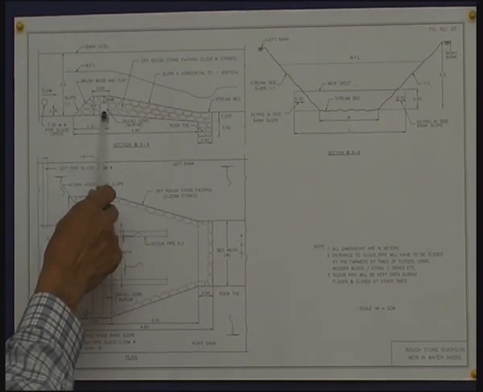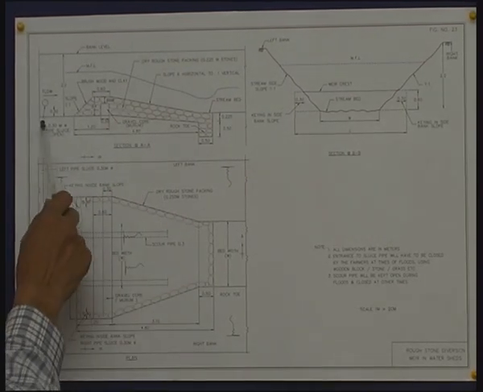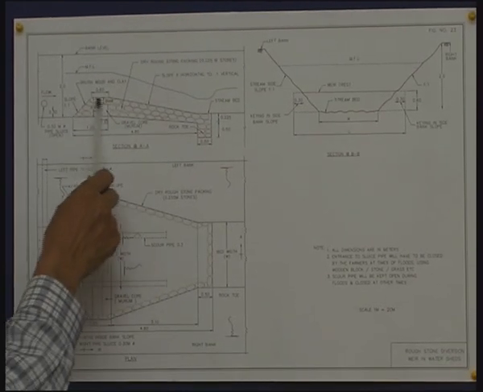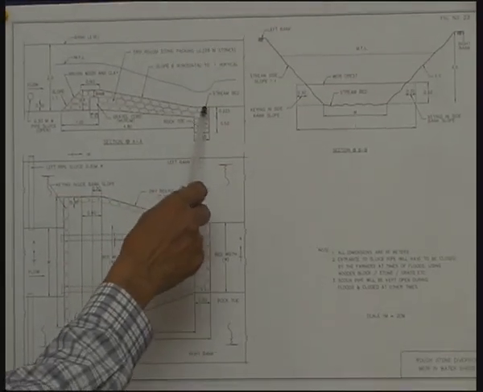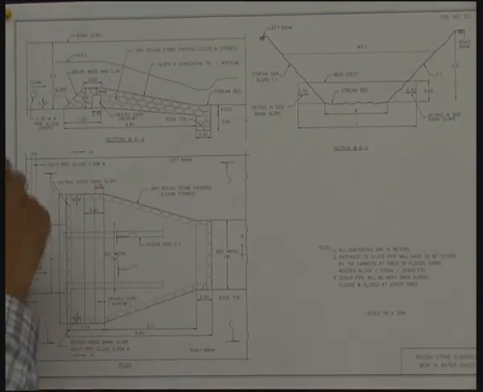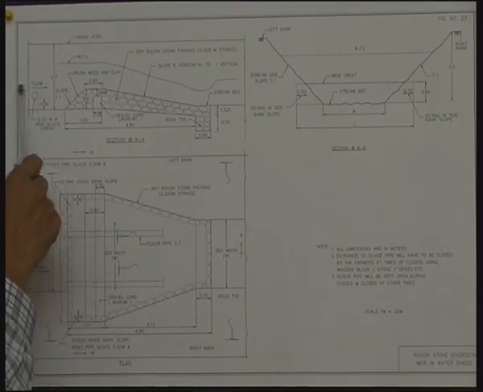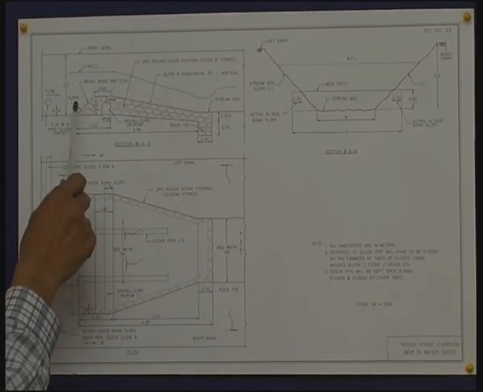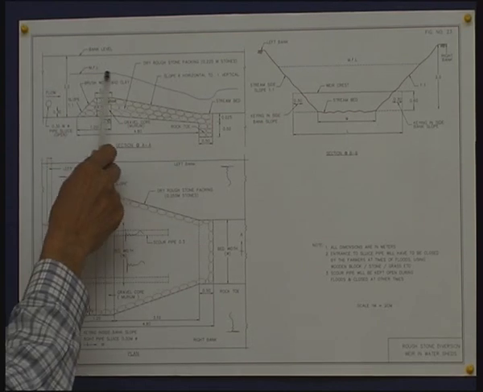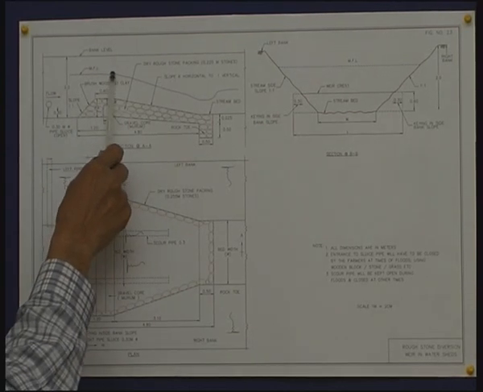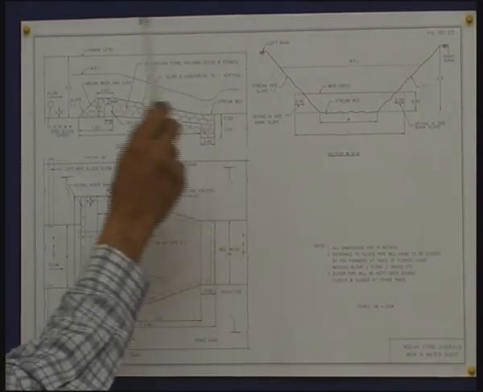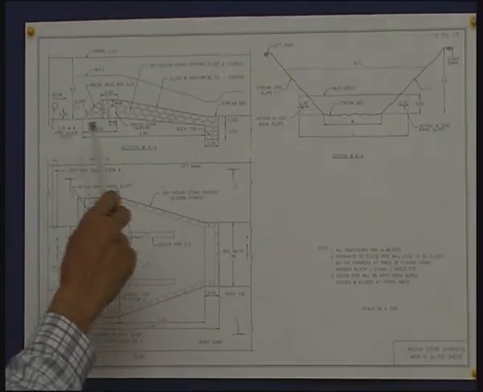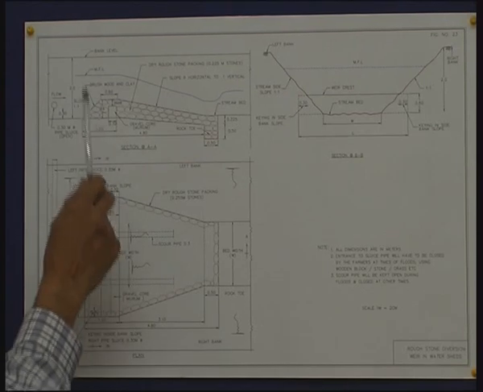This is the bed level of the stream, and just above the bed level these rubble stones are dumped and packed as shown here. The flow is in this direction, and when maximum flood occurs, this would be the maximum flood level, and it flows like this, creating a hydraulic jump and dissipating the energy. The obstruction is very small.